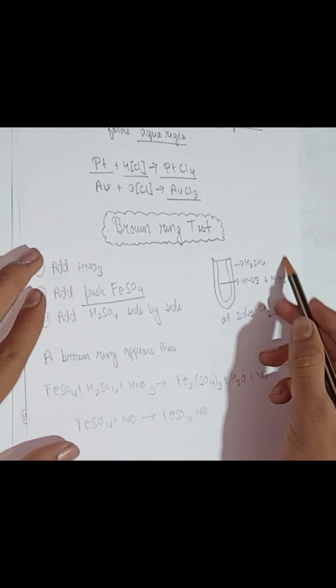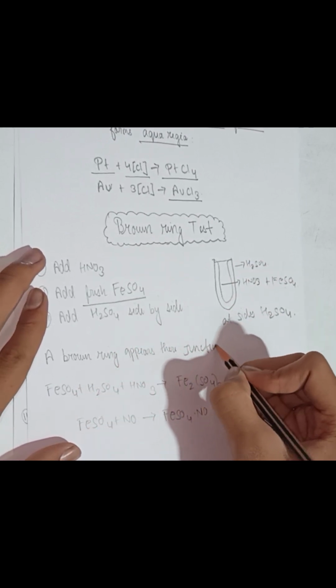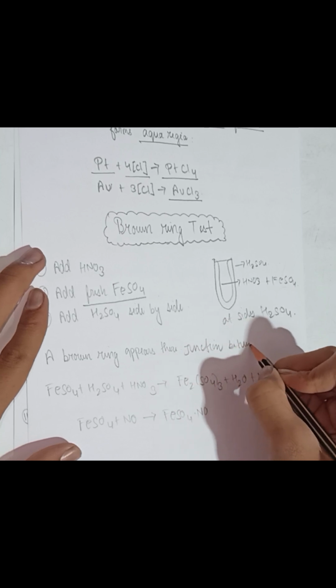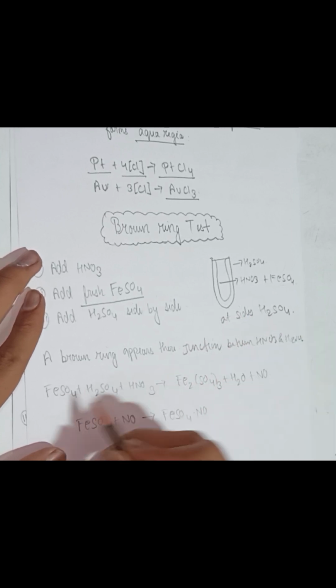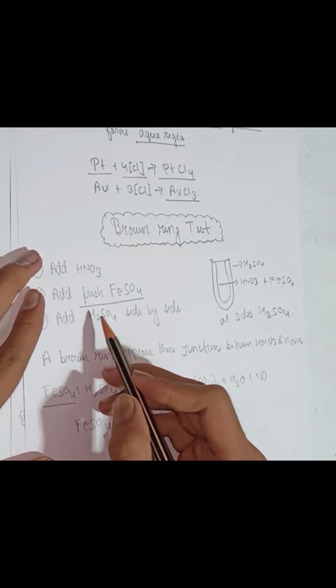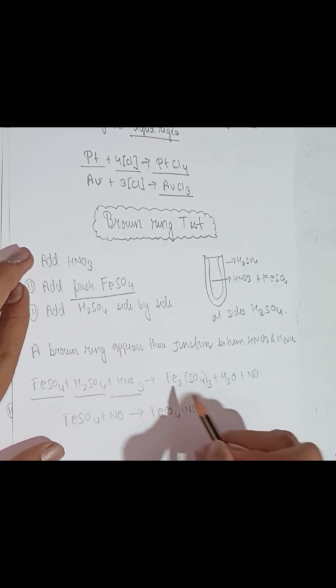Due to these three, a brown ring appears at the junction between HNO3 and H2SO4.